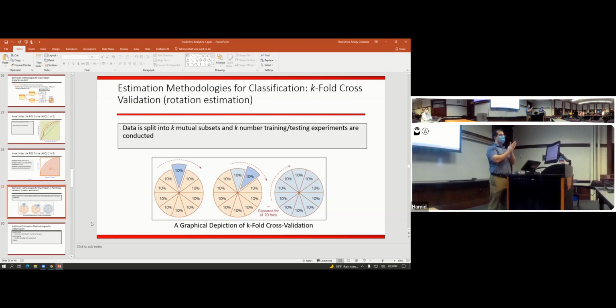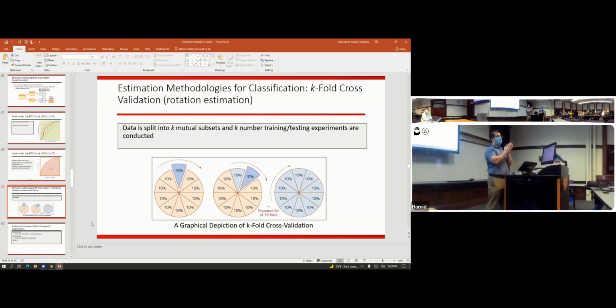Then you divide your train set into some equal subsets randomly. For example, here we already put our test set somewhere else. Now, for the remaining data, we divide the whole data set into 10 equal sections.